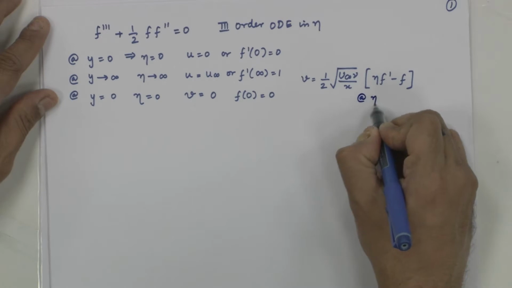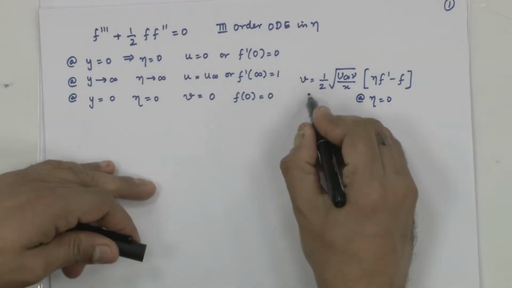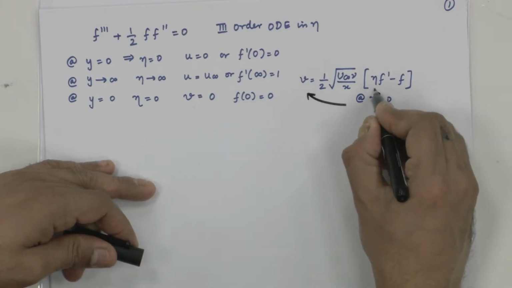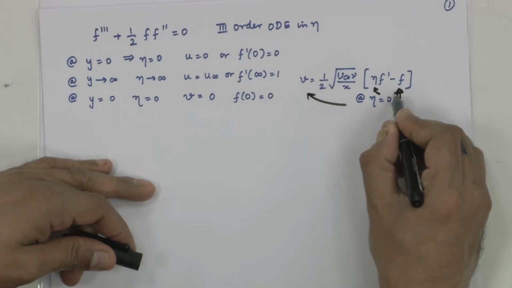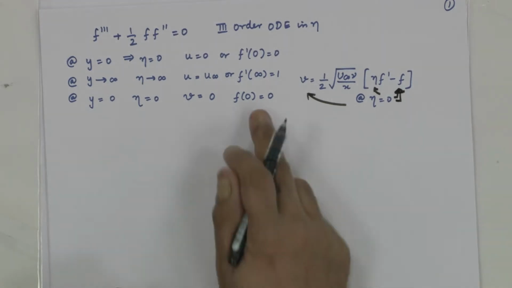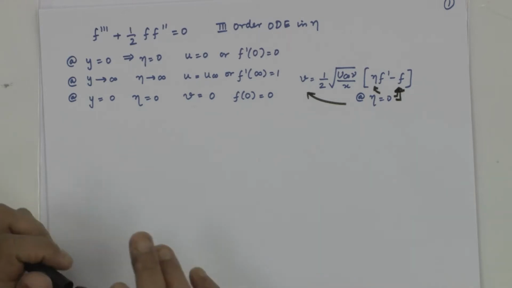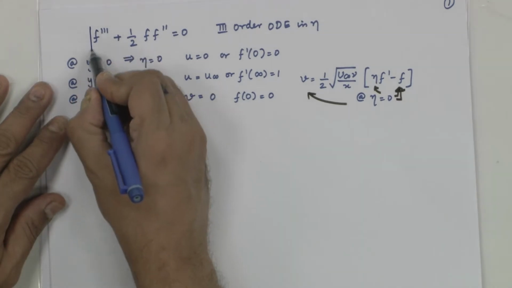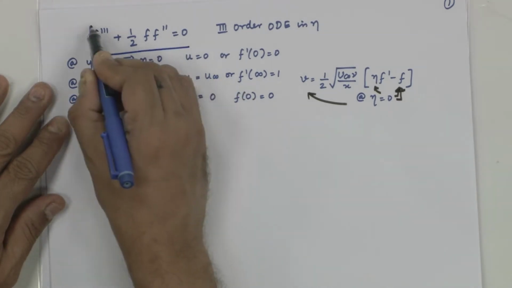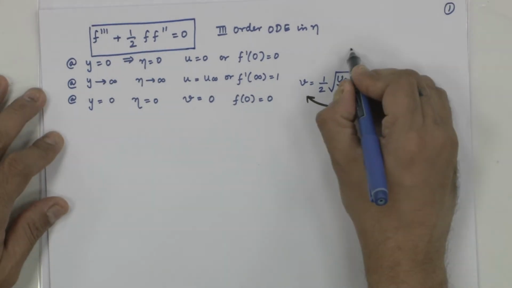So, at eta equal to 0, this term is 0 and this term is 0 necessarily. Therefore, this has to be equal to 0, and that is your boundary condition f of 0 equal to 0. So, these three boundary conditions for this ordinary differential equation is what you see for flow over a flat plate.